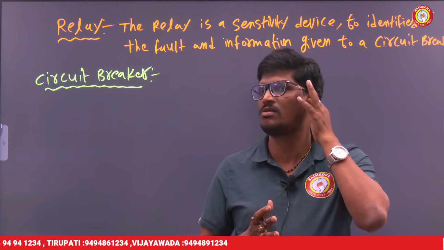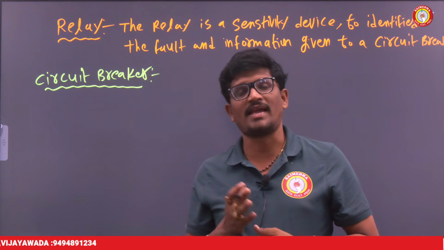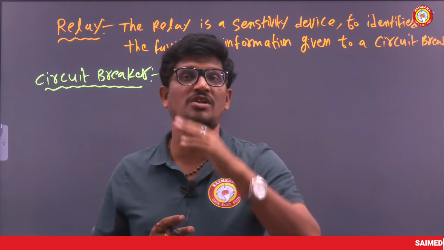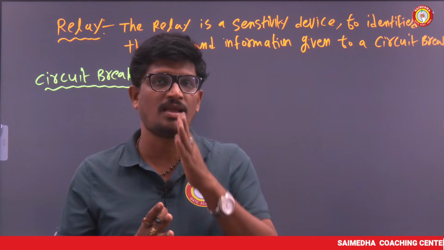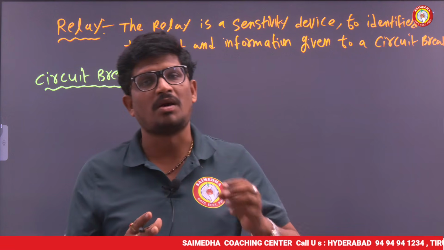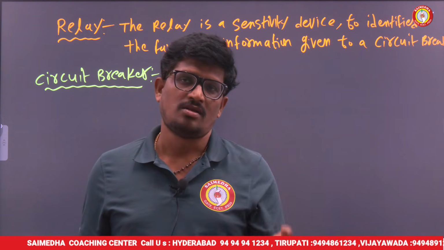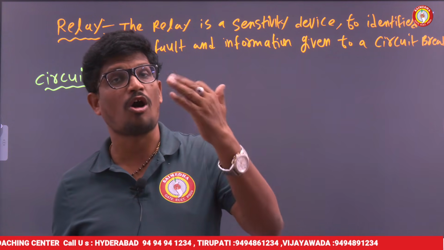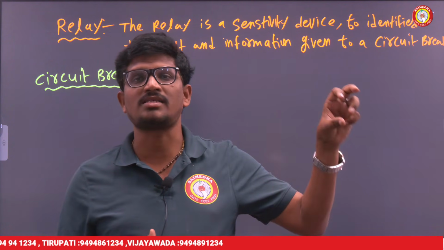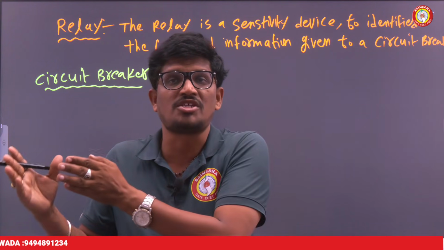And it can make or break the circuit either manually or automatically and also remotely. That means if needed, we can open or close the contacts of the circuit breaker automatically, without any man's interruption, or operate manually or remotely. Automatic circuit breakers are mostly used in transmission line substations, and manually operated circuit breakers are mostly used in distribution substations only.